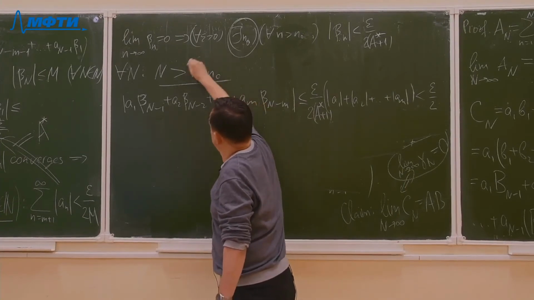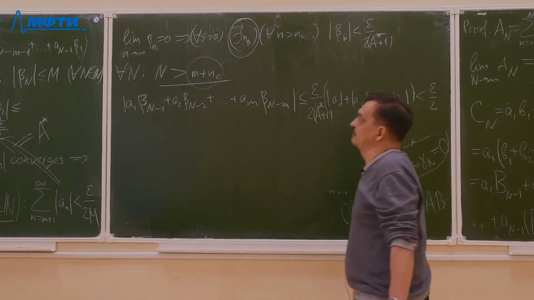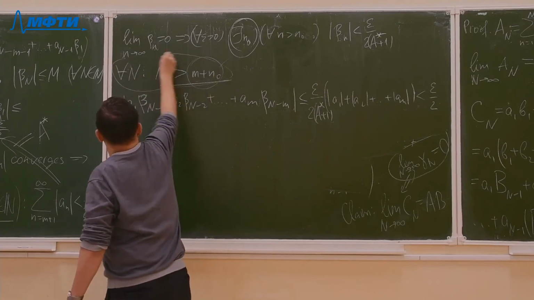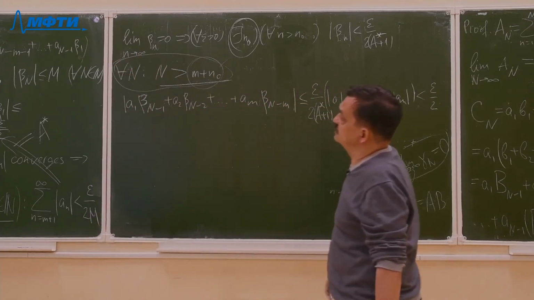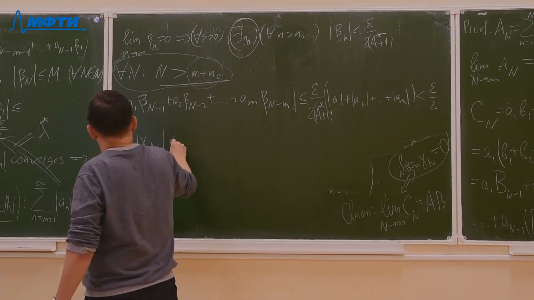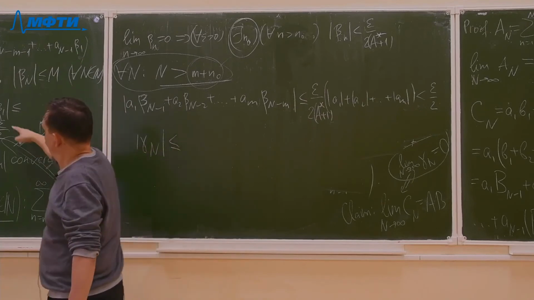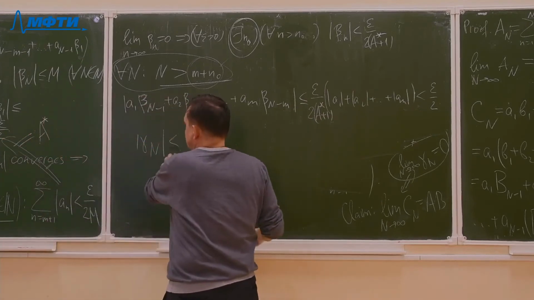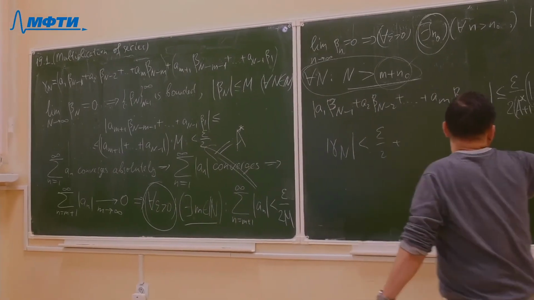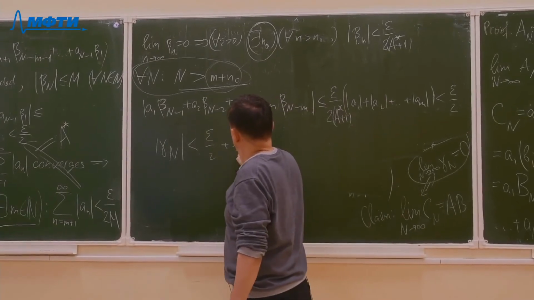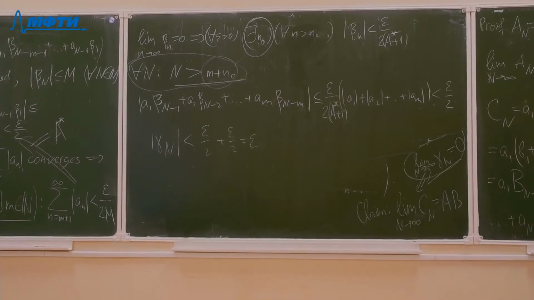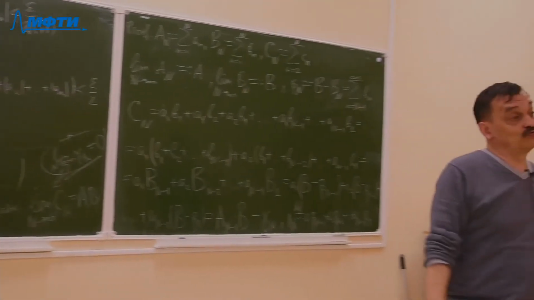This index exists such that for all capital N greater than this index, we have the estimate modulo gamma n is less, strictly less in fact, than epsilon over 2 plus epsilon over 2. That is epsilon. That's it. So the claim is proved and the theorem is proved.